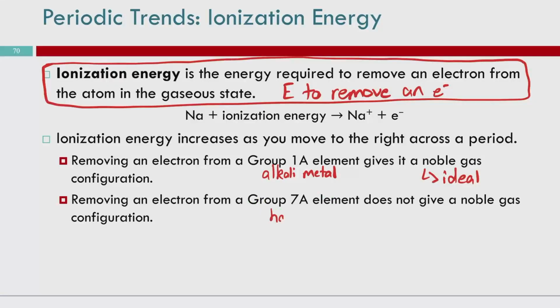If we go to the other side of the periodic table, a group 7A element, a halogen, like fluorine or chlorine or bromine, if we take an electron, it moves away from noble gas configuration.